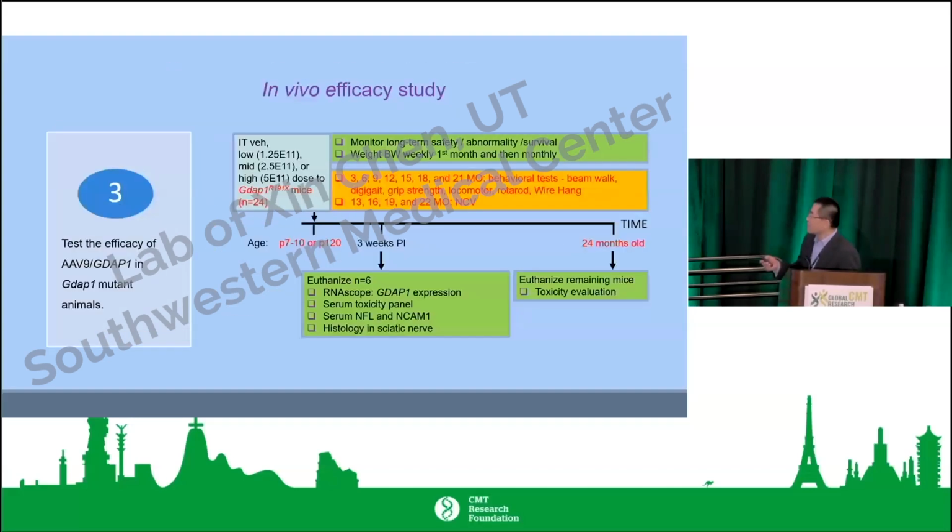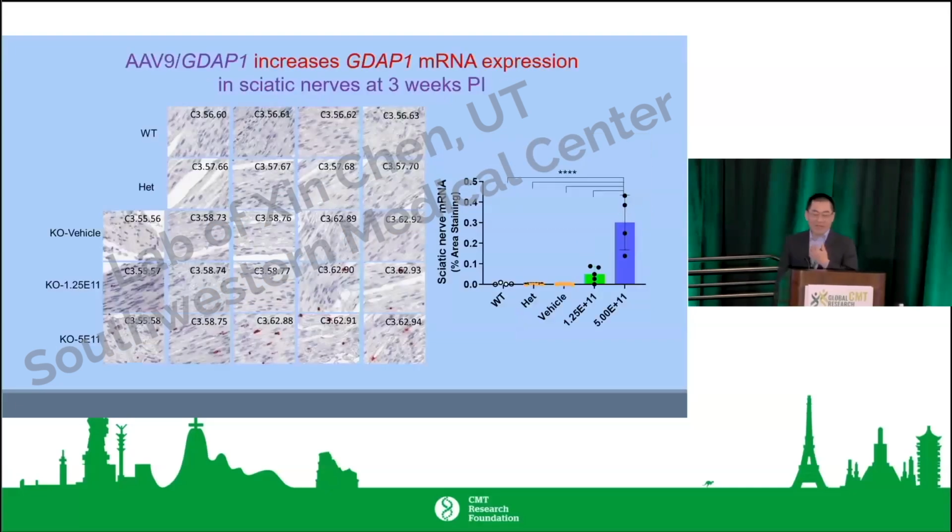Okay, so now we actually get to the results. This figure on the left shows dose-dependent GDAP1 mRNA expression following treatment at 3 weeks post-injection, and the panel on the right shows the quantitative data of our treatment.